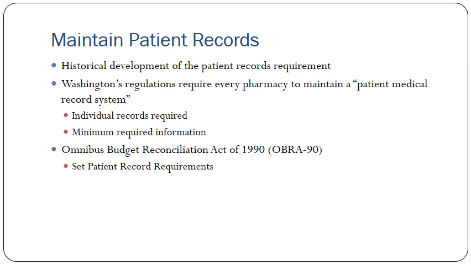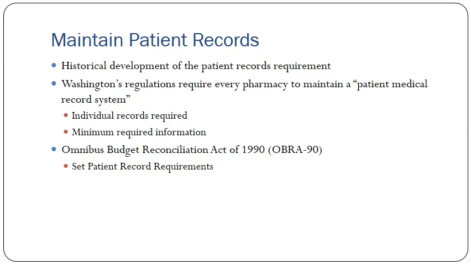We started seeing some states have requirements for the pharmacist to maintain patient profiles starting in the early 1970s, and it was around that time that the then Washington State Pharmacy Board adopted a regulation requiring the pharmacist to maintain such records, as would enable him or her to attempt to detect drug-drug interactions, multiple prescribing of similar drug classes by different physicians, and the like.